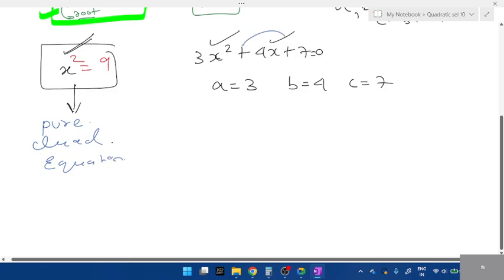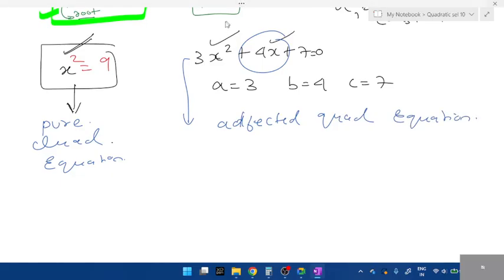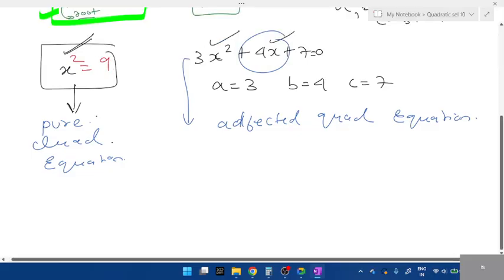Whenever you have an additional value like this, 4x, this equation is known as affected quadratic equation. Just make a note of these two names. One is known as pure quadratic. Remember, a pure quadratic will have only degree 2.